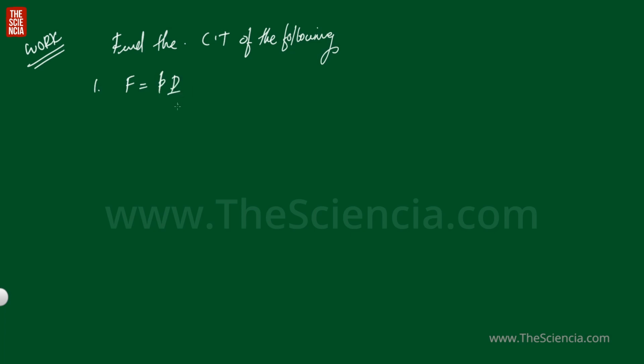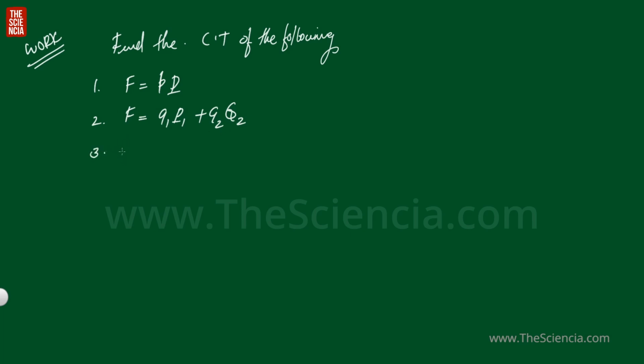Now some work for you. Find the canonical transformation of the following. First one, f is equal to q capital P. Second one, f is equal to q1 capital P1 plus q2 capital P2.